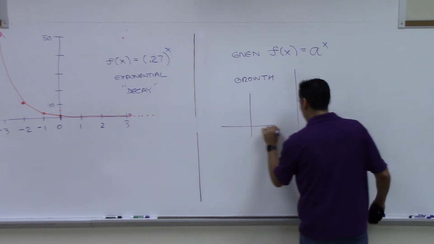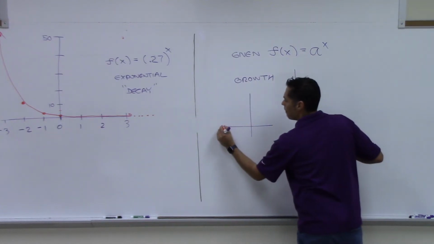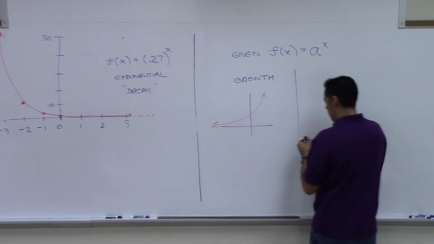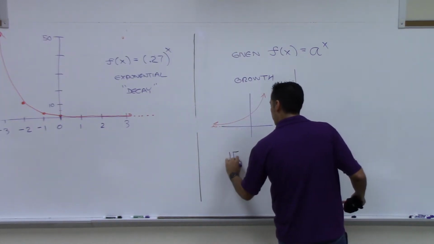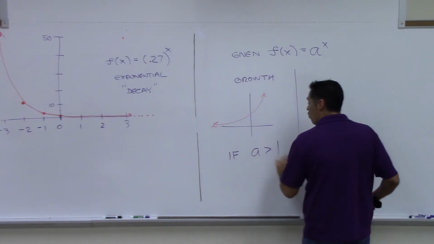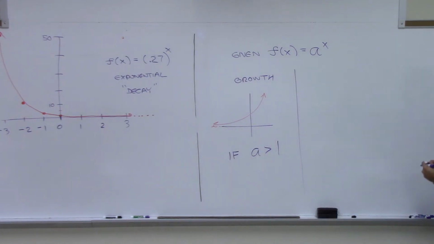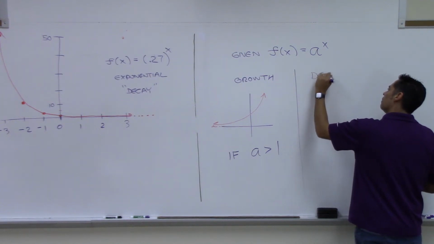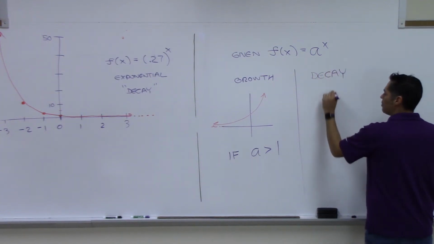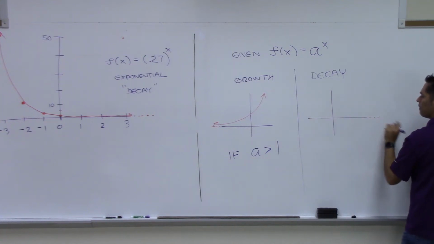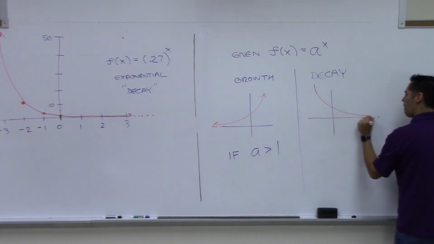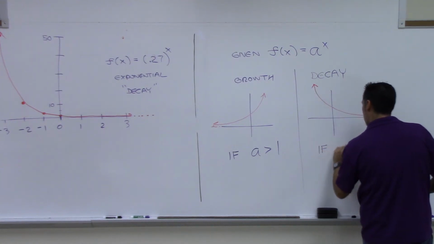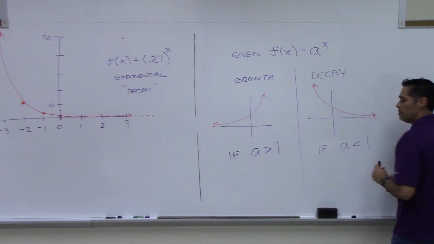In other words, our graph will look like this, if the a is bigger than 1. We will have decay. That means our graph will look like this, if the a is smaller than 1.